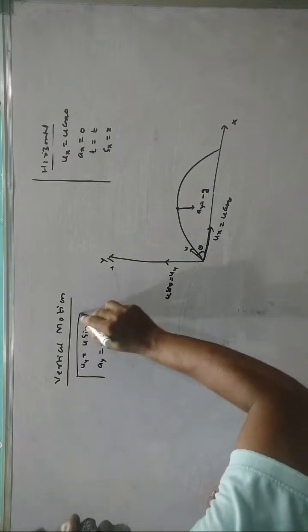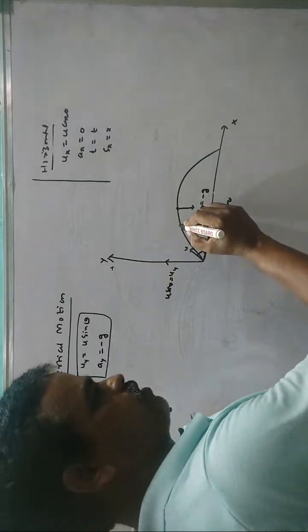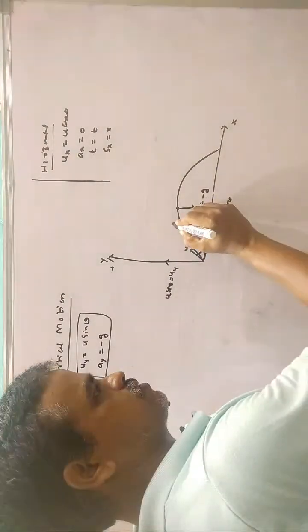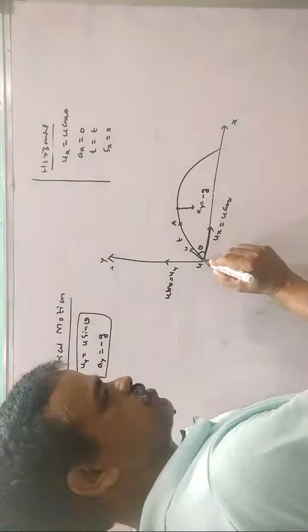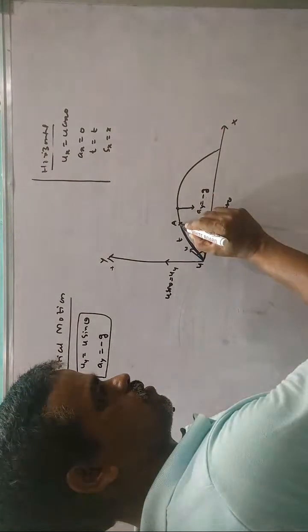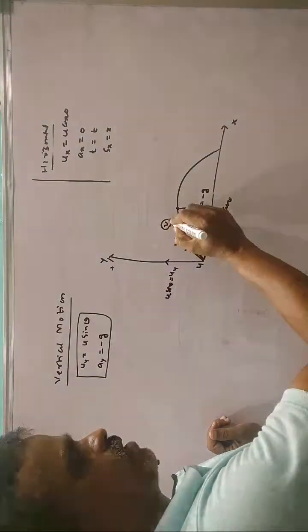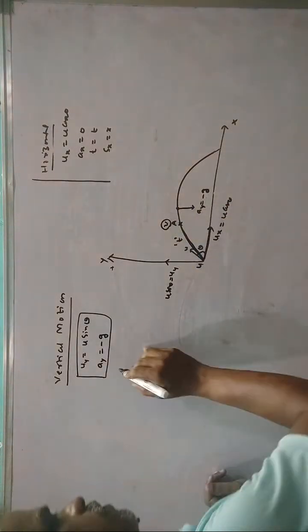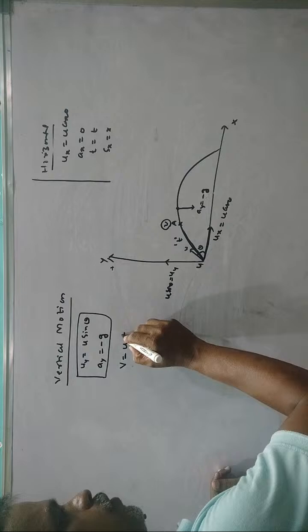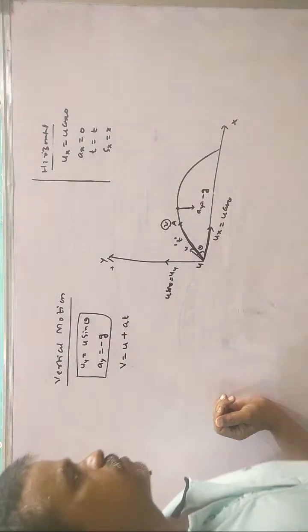Next, using these two conditions, the final velocity of the body: for example, this is point A, the body started here with initial velocity u and goes to A after time t. So what is the final velocity at point A? We have the formula v equal to u plus at.